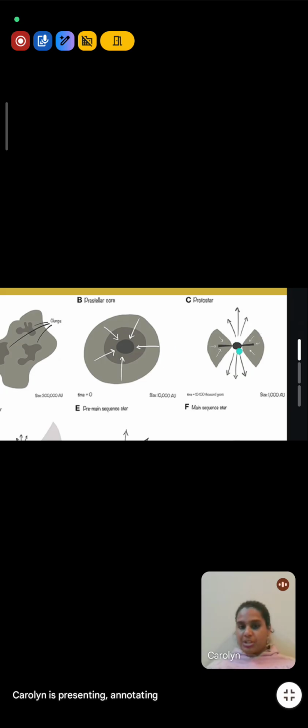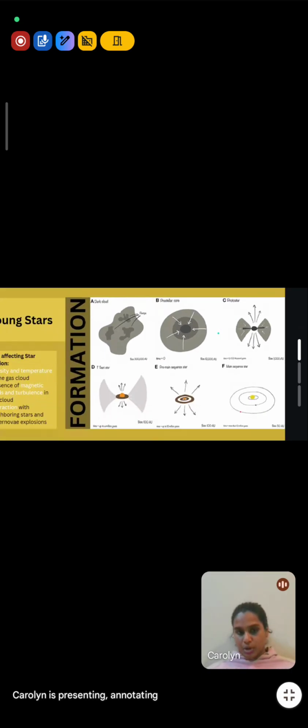Then we have a protostar wherein extra energy is ejected to the outside from the core, all the gravitational forces are attracted towards the inside, and a proto disk is formed around your protostar, that is the core.